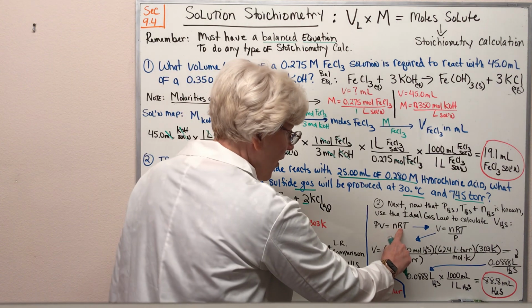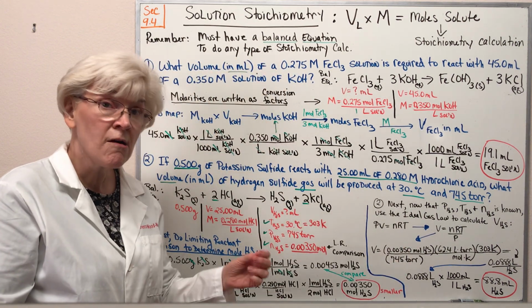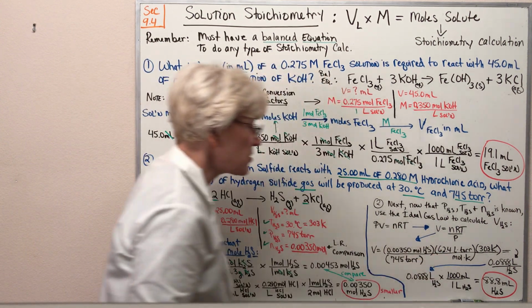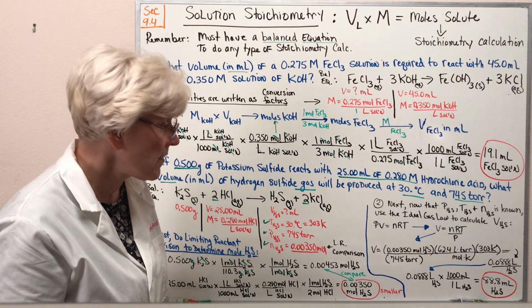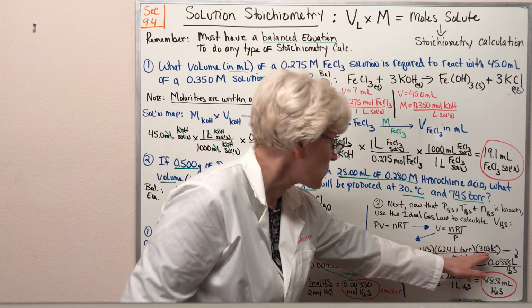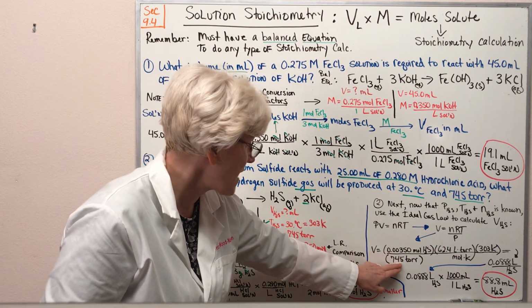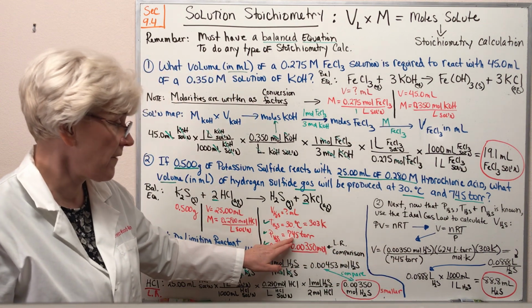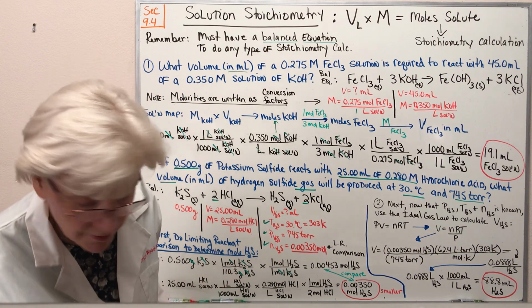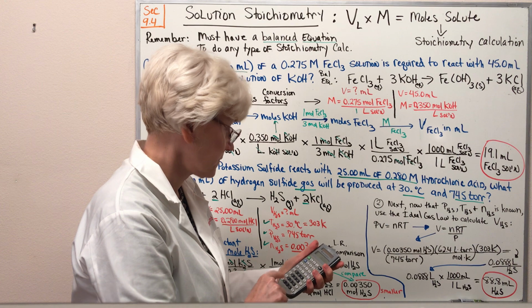We remember that if our pressure is in either torr or millimeters of mercury, the R value is 62.4 liter torr per mole Kelvin. Temperature is 303 Kelvin, and our pressure in the denominator is 745 torr. So we are ready to chug through the calculation and confirm our answer.